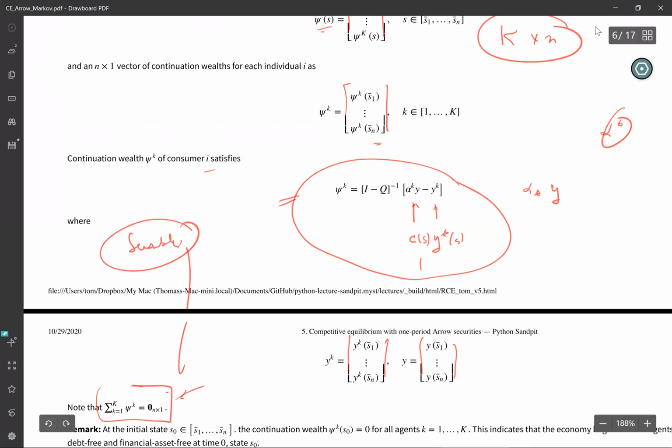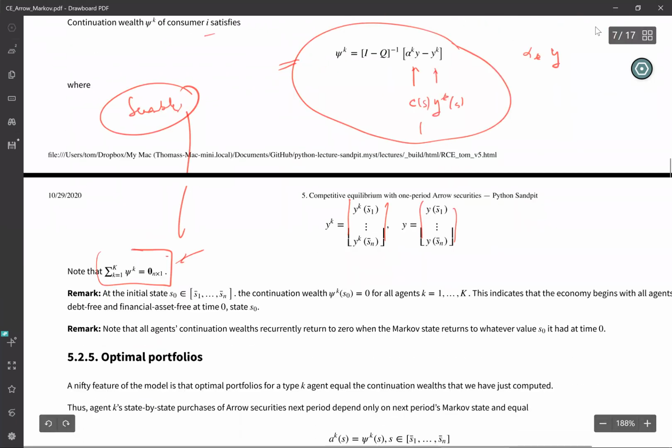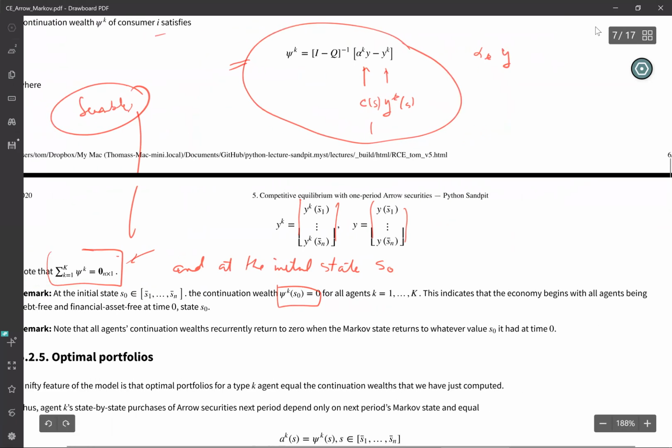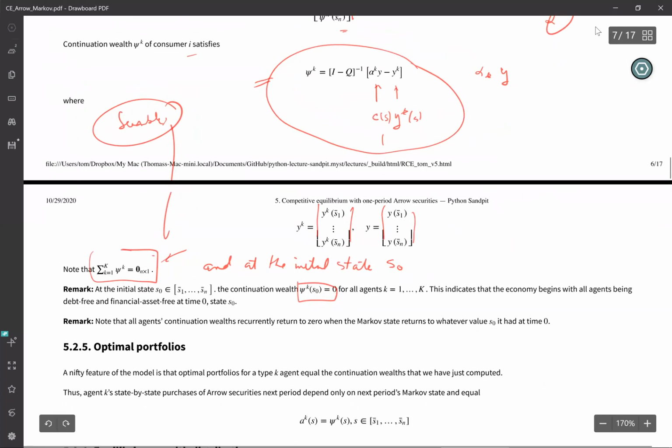They sum to zero. So what do we know about continuation wealth? They sum to zero, and at the initial state, S0, the continuation wealth is zero for every person. Because what does that mean? We're beginning this economy with everybody being debt-free and asset-free at state zero.